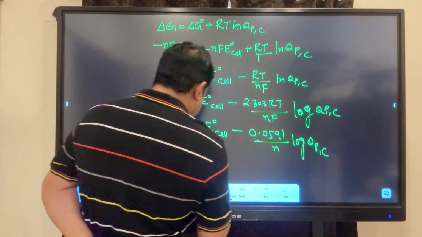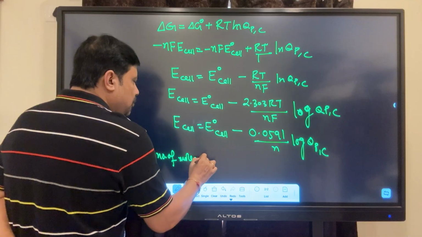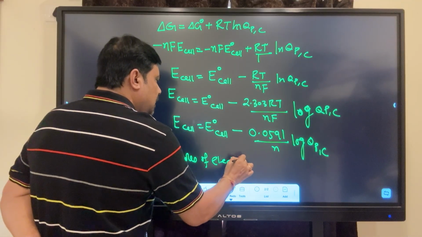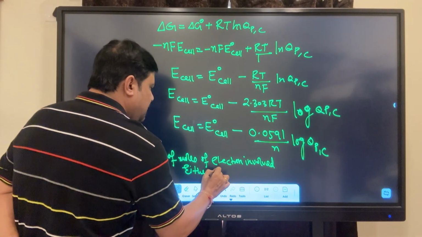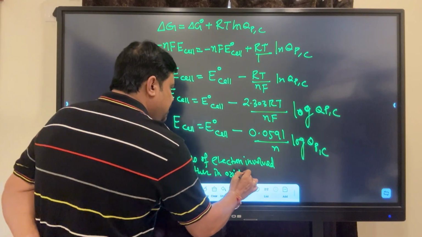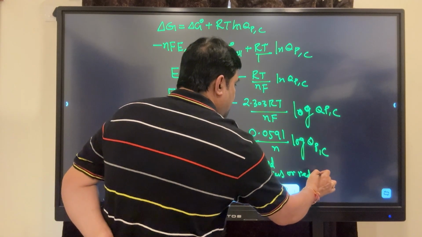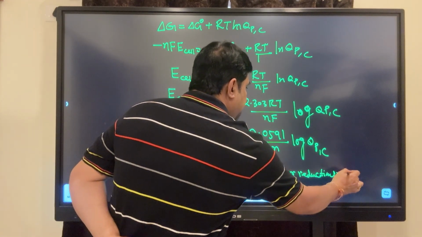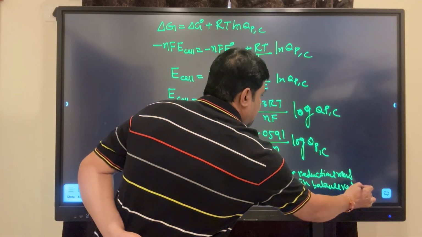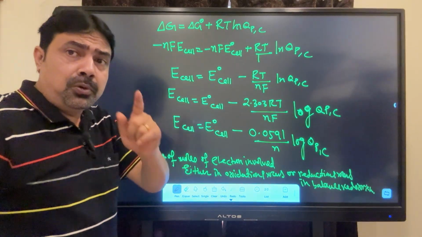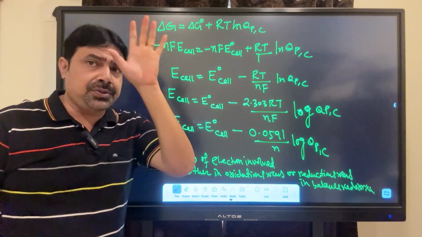Now what is n? n is the number of moles of electrons involved either in the oxidation process or in the reduction process in a balanced redox reaction.